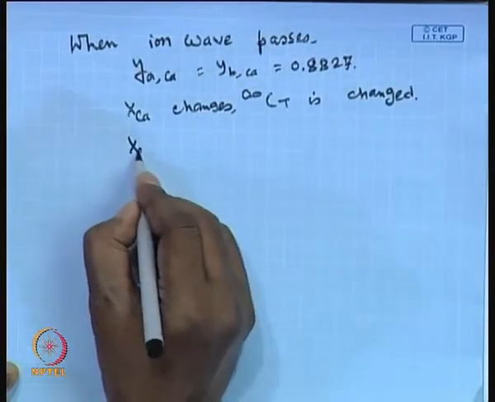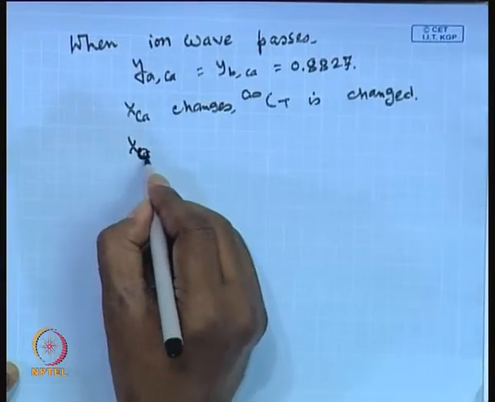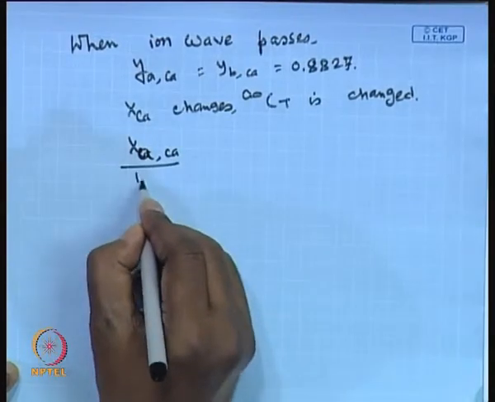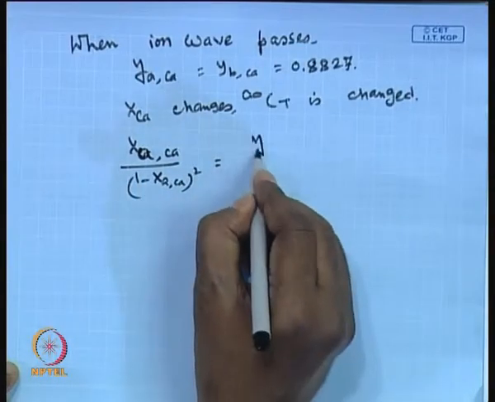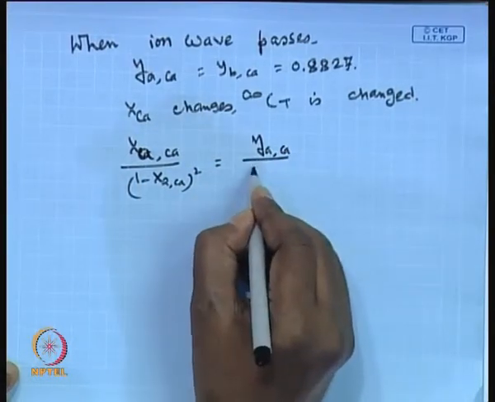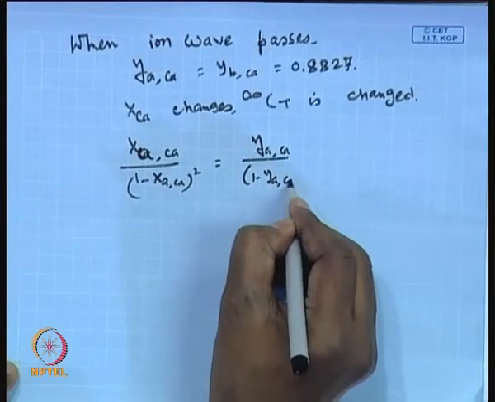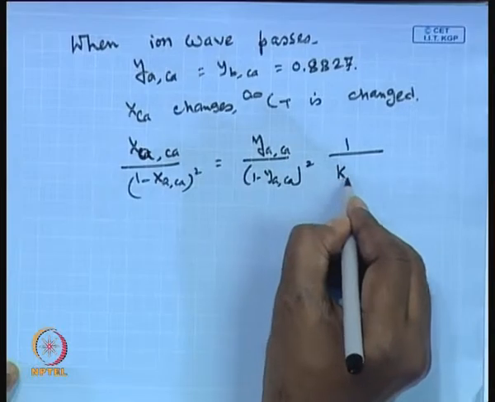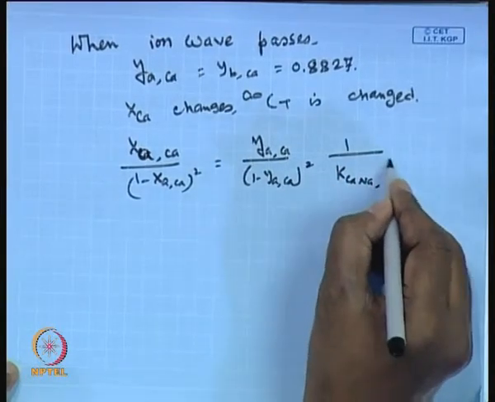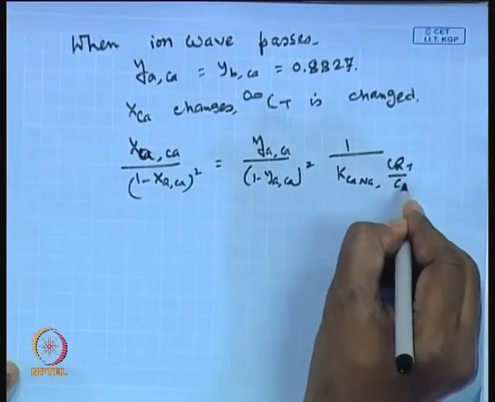So, you can calculate XCa: XCa divided by 1 minus XCa, squared, is equal to YaCa divided by 1 minus YaCa, squared, times 1 over K Ca Na CRT divided by Ct.